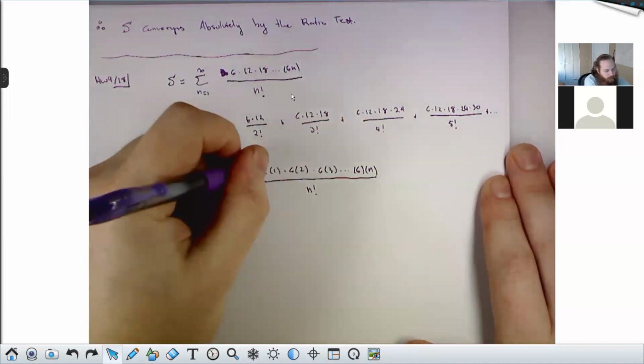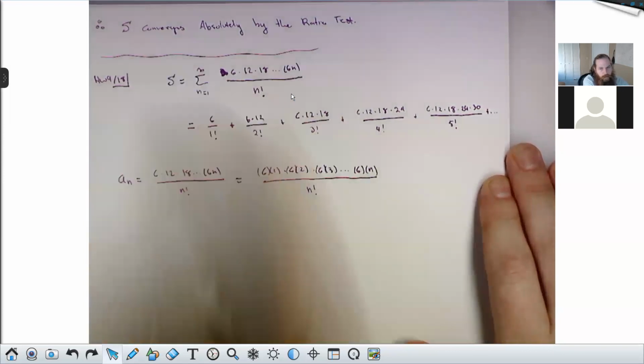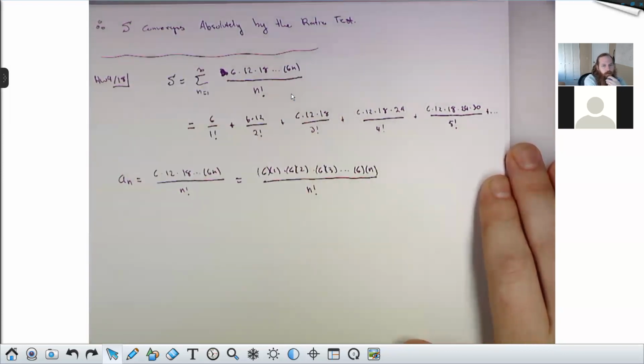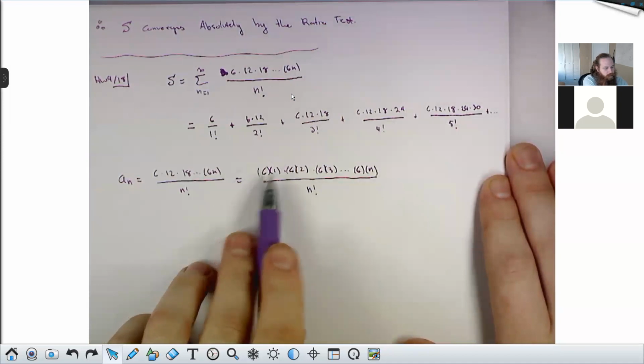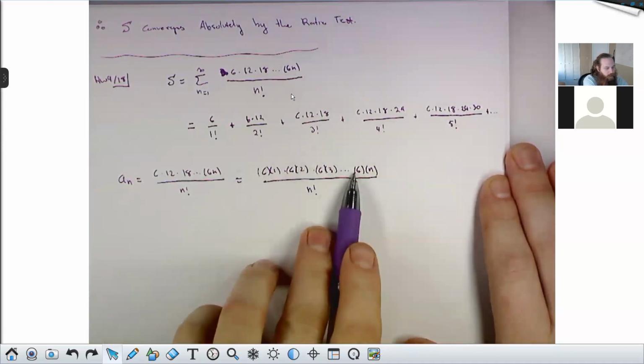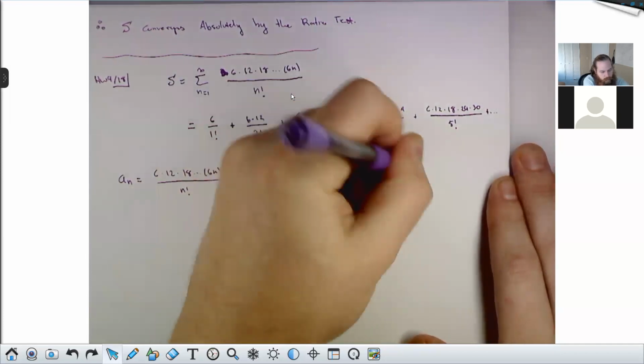So the 6 is here, everything is being multiplied. So there's 6, you can reorder the multiplication. This is 6 times 6 times 6 times 6, n times, all times 1 times 2 times 3.